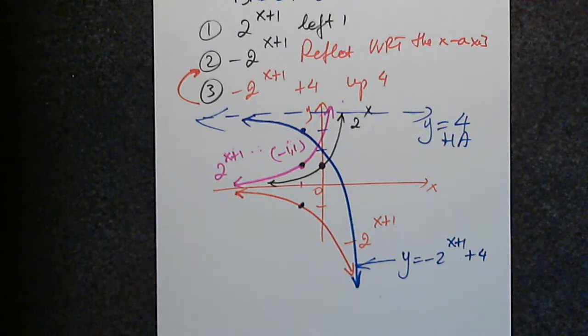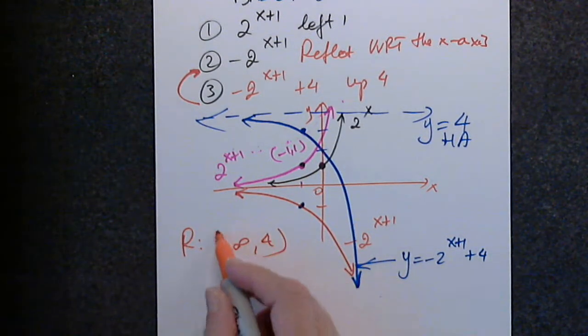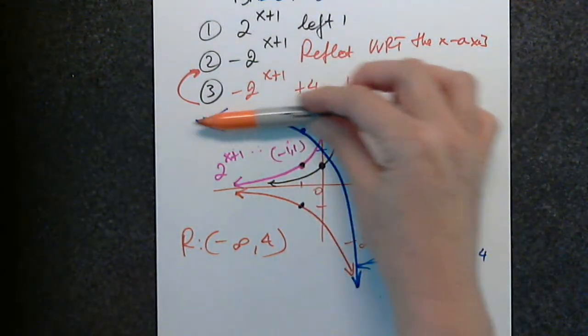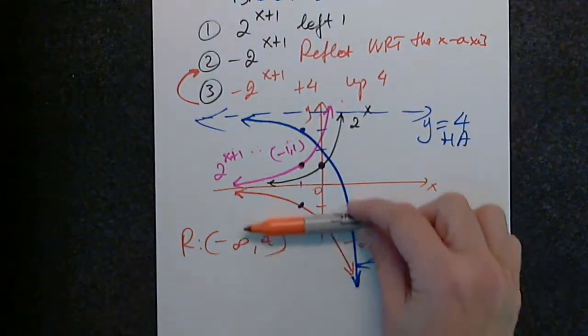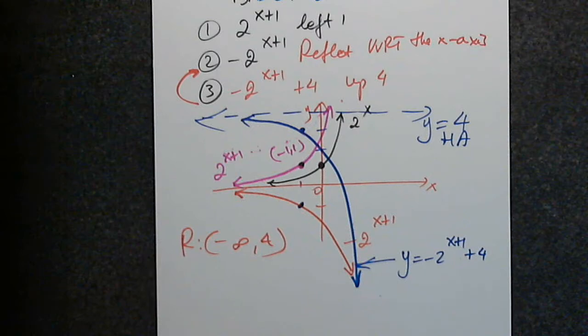Because we understood the graph and we could picture it. What do you think about the range of this function? But it stops at 4. Well, 4 is the horizontal asymptote. So from -infinity to 4. It cannot go beyond that.